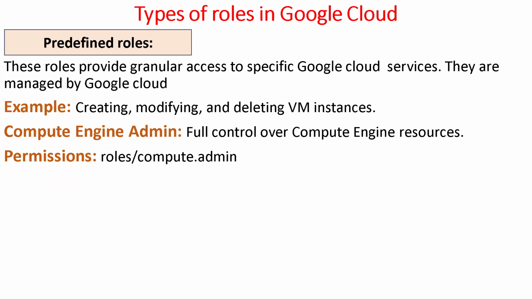If you provide only the Compute Engine Admin role to a particular service account or user, they can create VMs, delete VMs, and modify VMs. Like that, for every specific service we have service-based roles, like Compute Engine Admin, Storage Viewer, Storage Object Writer. These kinds of predefined roles are there.